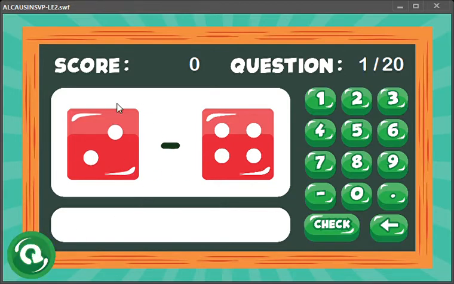These are randomly generated, the dice and the operator. And then we have these buttons. I did all of these myself. So this is 1, 2, 3, 4, 5, 6, and you get the idea.